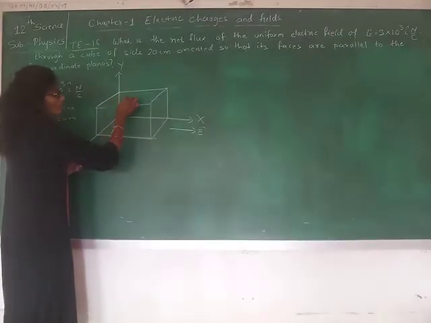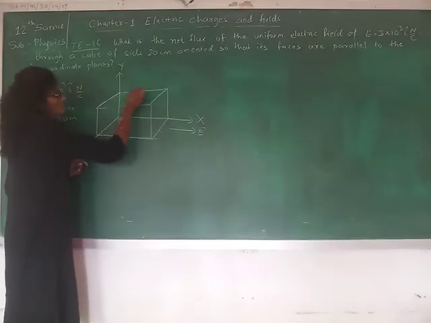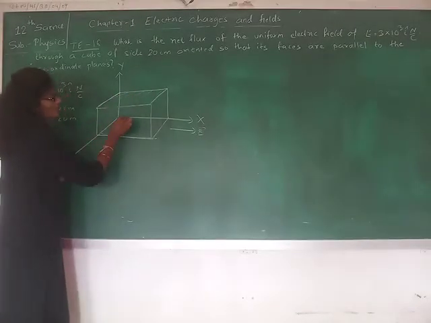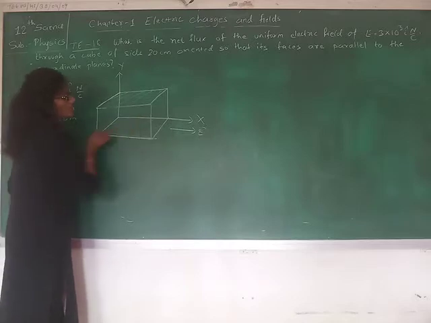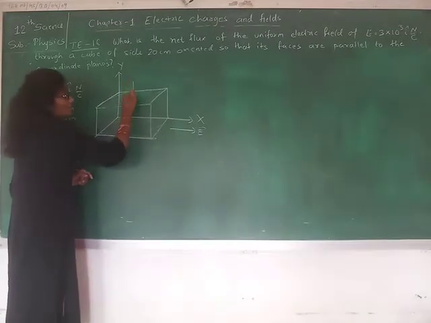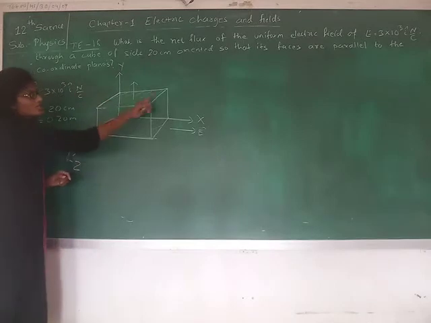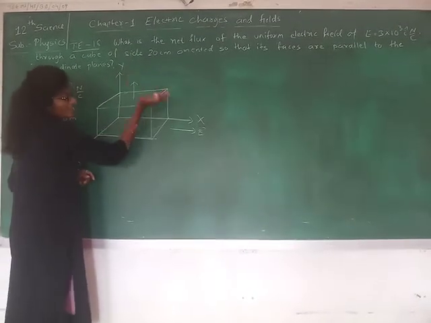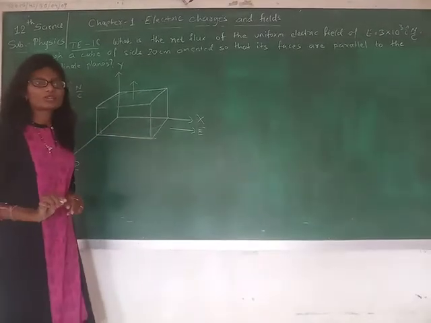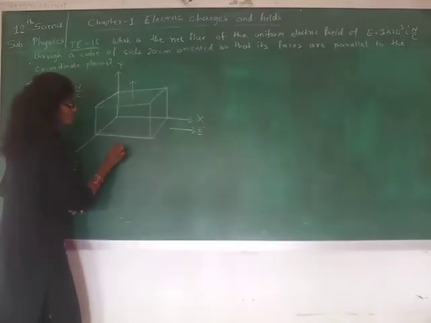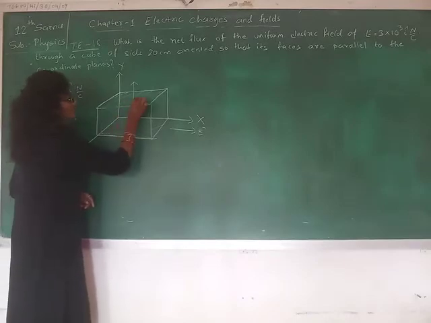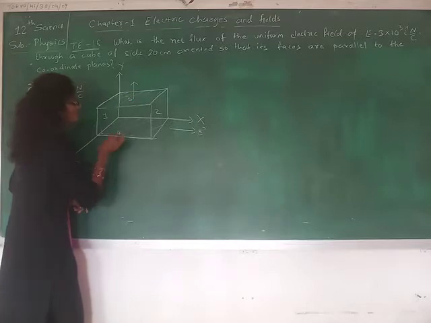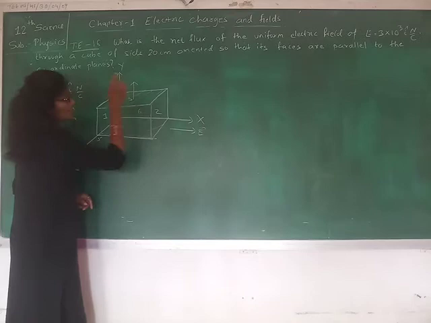Now when we consider these faces, the top face and the bottom face, for the top face the area vector is perpendicular to this plane. So we can see for the top plane the area vector and electric field both are perpendicular to each other. So flux through faces, let us consider this as 1, here 2, the top one is 3, bottom is 4, the front one is 5 and backward is 6.